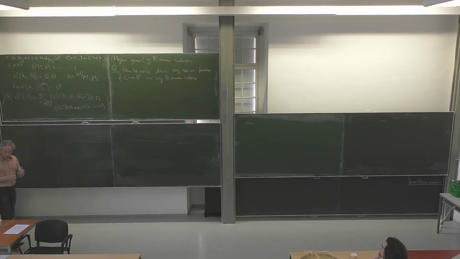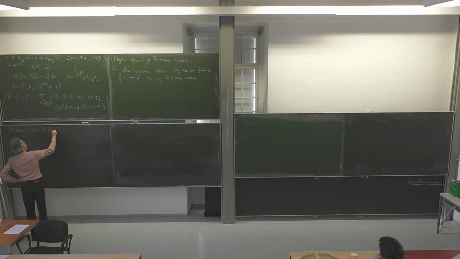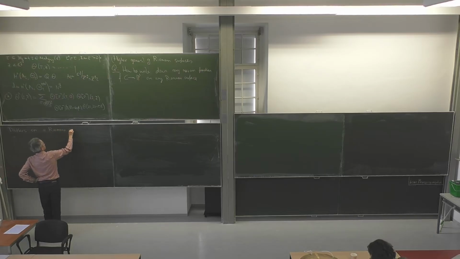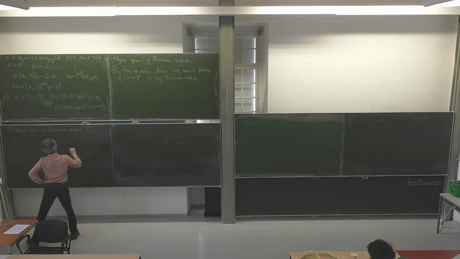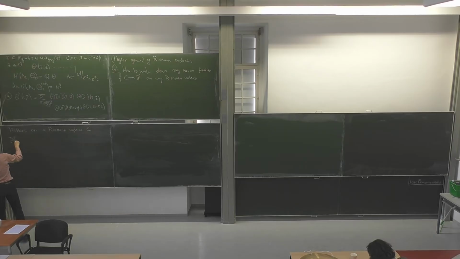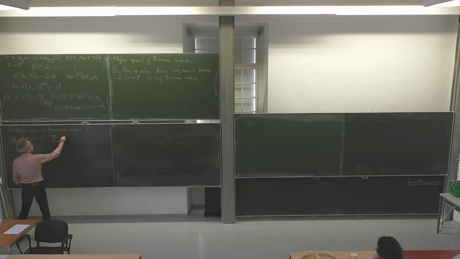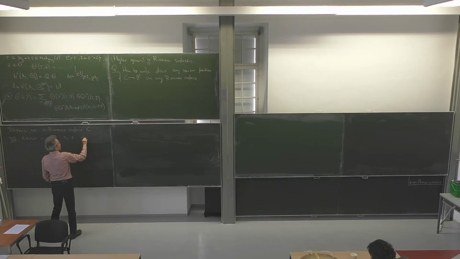So I want to talk about divisors on a Riemann surface. Definition: a divisor is a sum over all points P in C of A_P times P. It's just a formal linear combination where the number of P such that the coefficient is non-zero is finite.